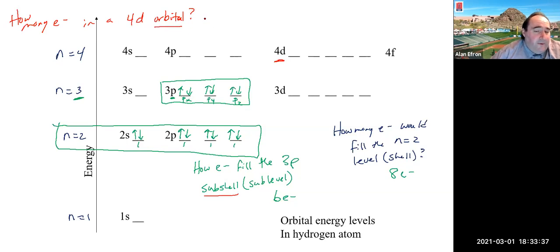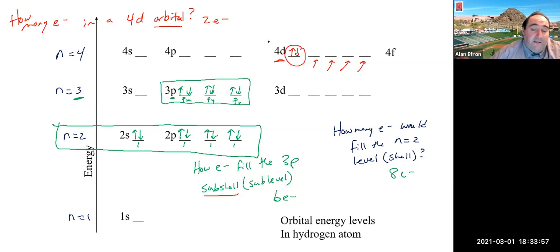So any orbital by itself could only hold 2 electrons. I may be talking about this orbital, or the one next to it, or the one next to that. So if it asks just about an individual orbital, the answer is always 2.